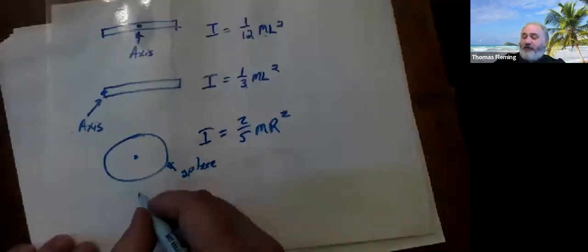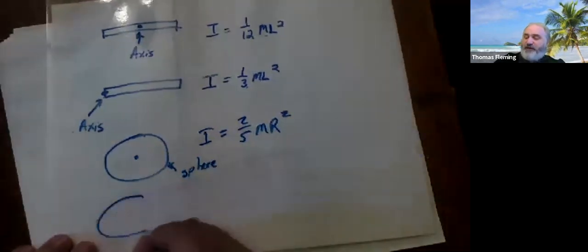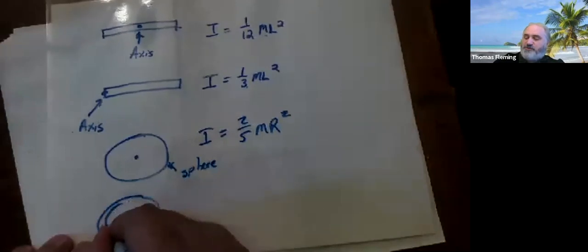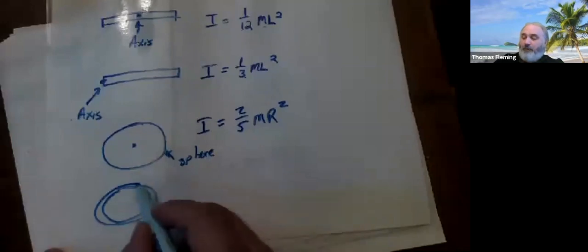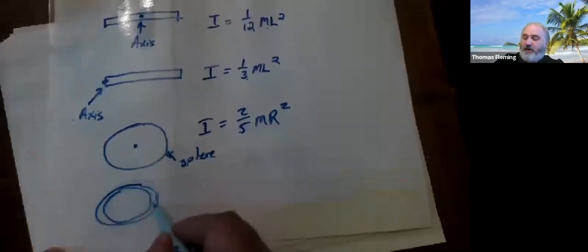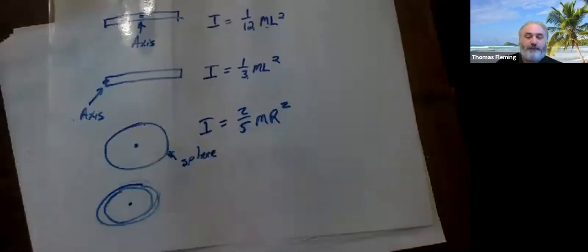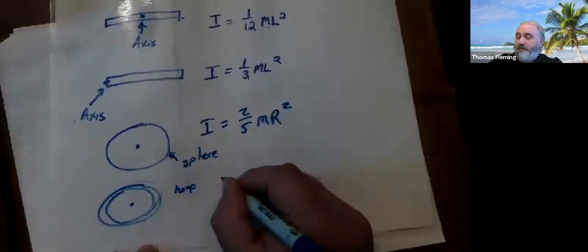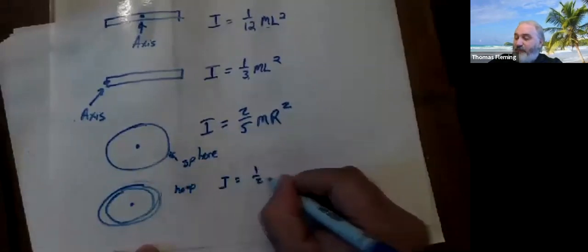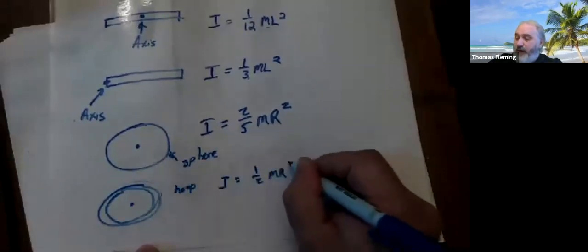Imagine that you've got a thin hula hoop shape where all the mass is concentrated at the outside edge, and you're rotating it around the center. The moment of inertia for that is 1/2 mr squared.